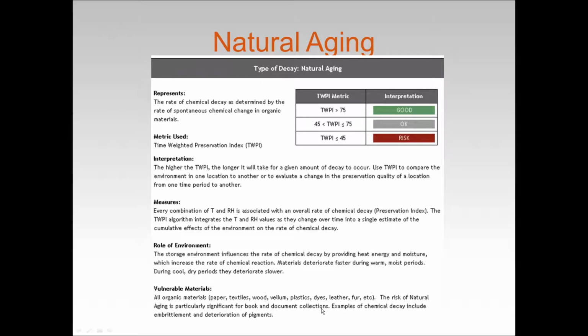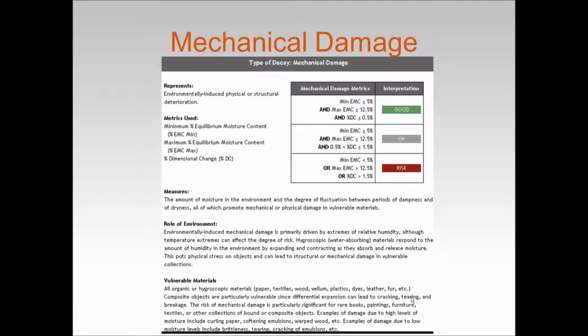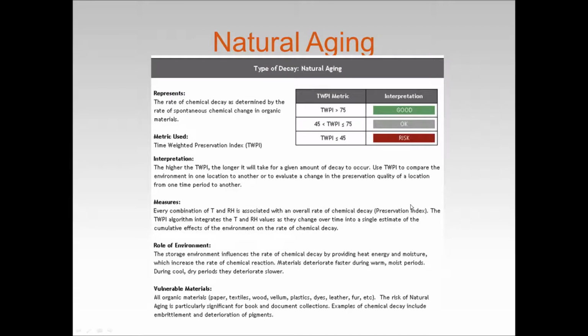So this information is within the eClimate Notebook site. If you want to read more about how the algorithm works, you can check this out. I'm not going to spend a lot of time reading through this with you. You'll have the presentation. You can read it on your own, or you can check it within the site.